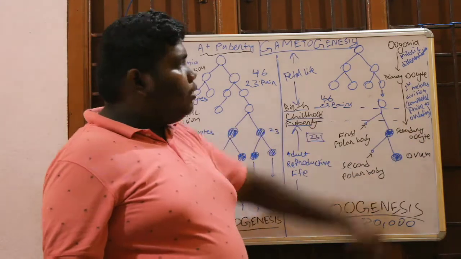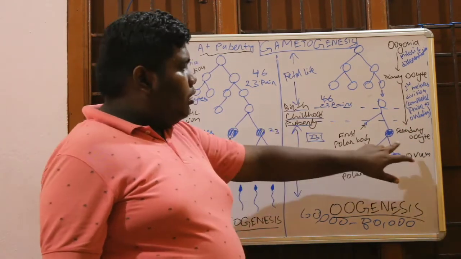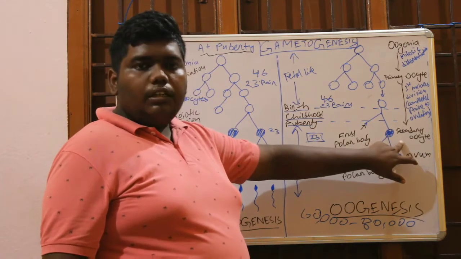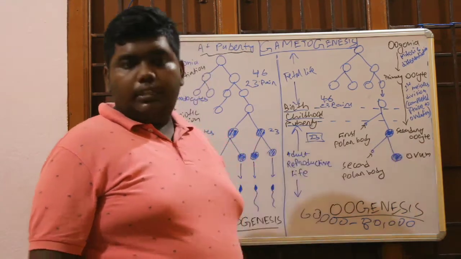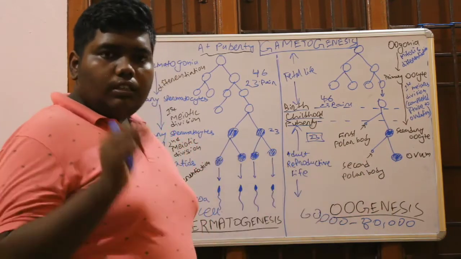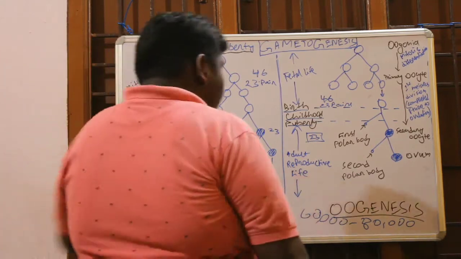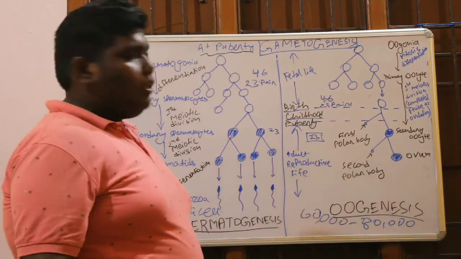When the primary oocyte divides, the bigger, largest cell is the secondary oocyte, but the smaller one left out is the first polar body.